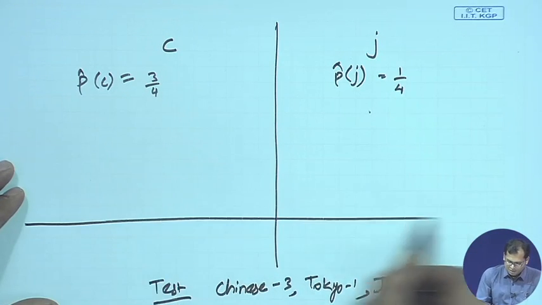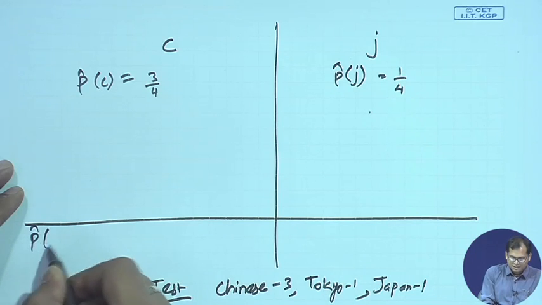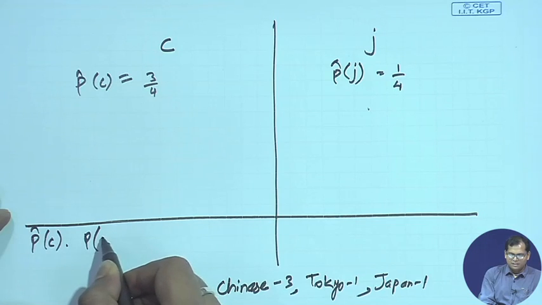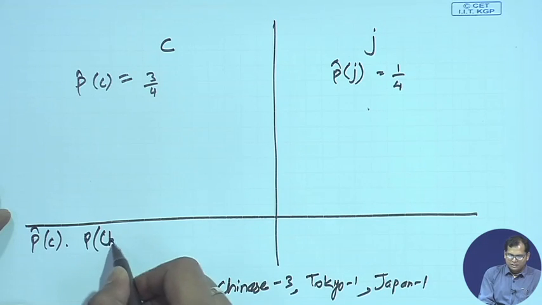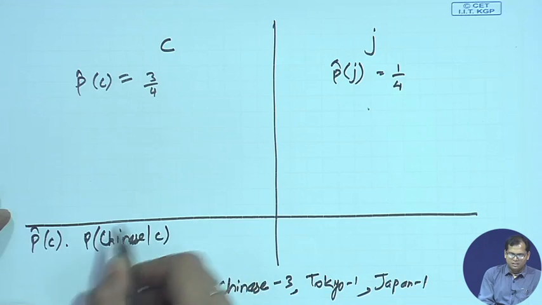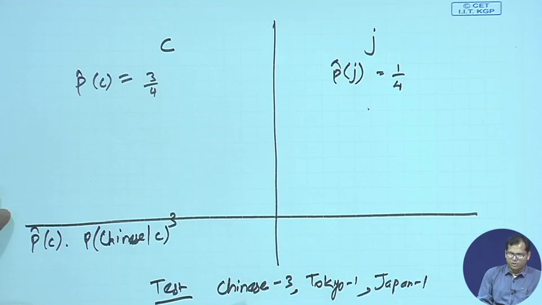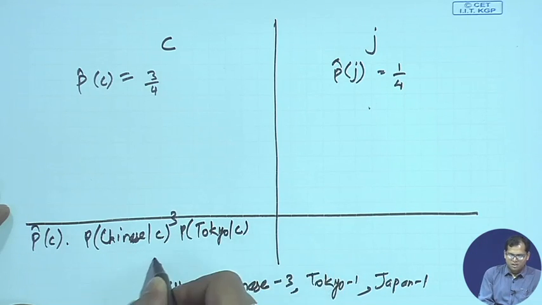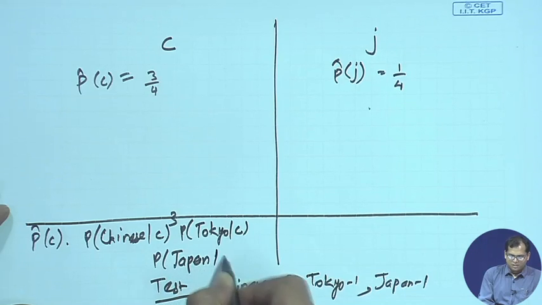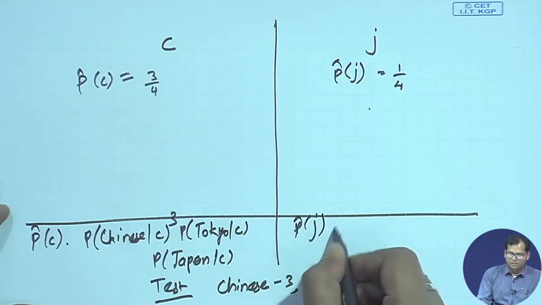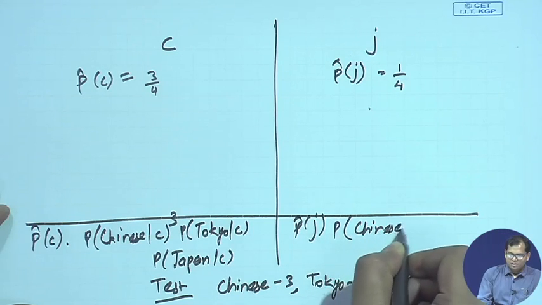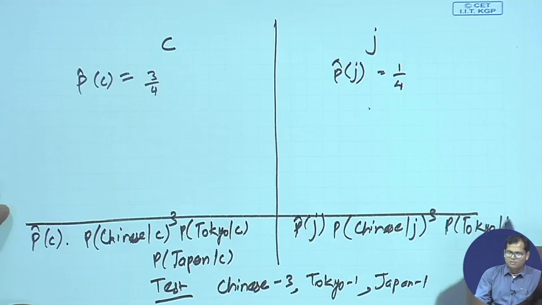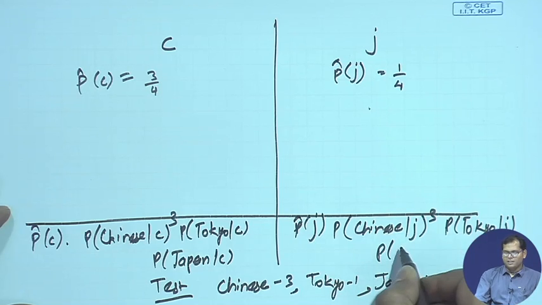The probability of class C would be P hat C times probability Chinese given C to the power 3, because it is occurring 3 times, probability Tokyo given C, probability Japan given C, and this will be P hat J, probability Chinese given J to the power cube, probability Tokyo given J, and probability Japan given J.